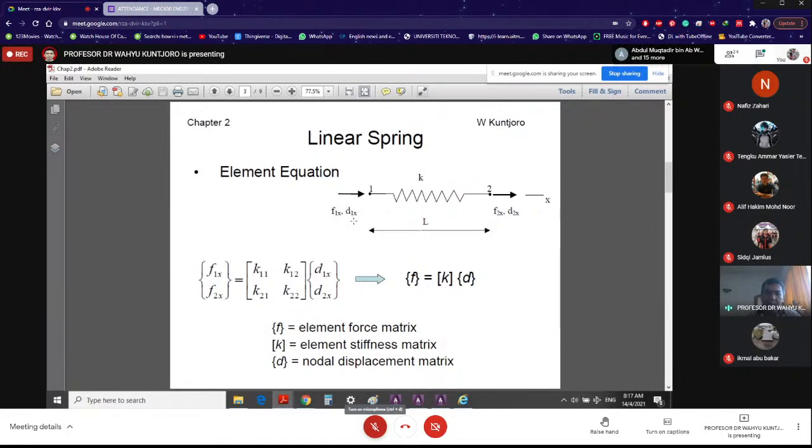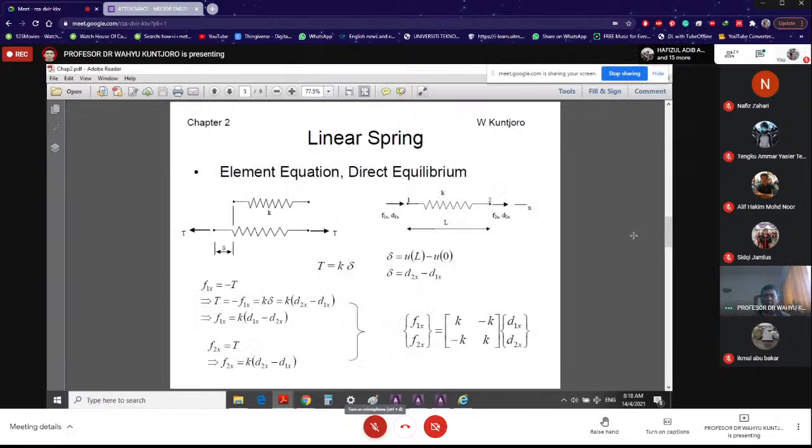And what you see on the K11, K12, K21, etc., that is the component of the element stiffness matrix. That means you need to fill in what is going to be K11, K12, K21, and K22. So that's what you need to do.